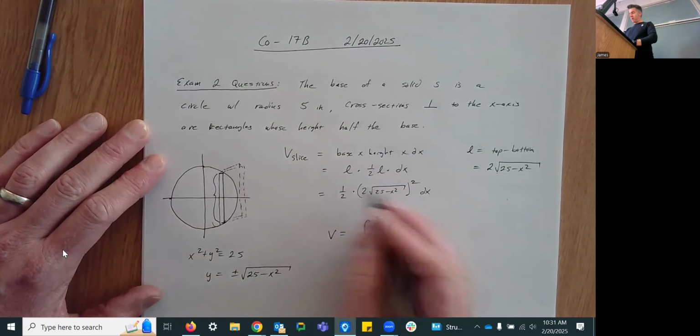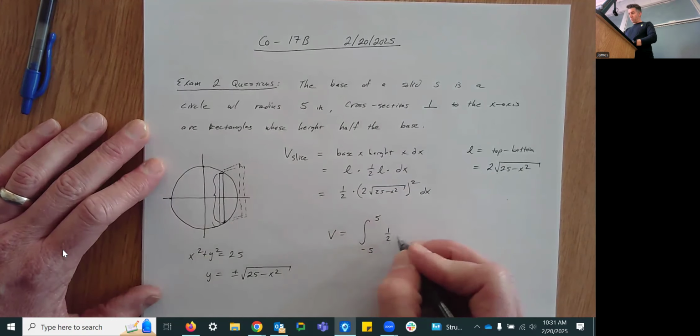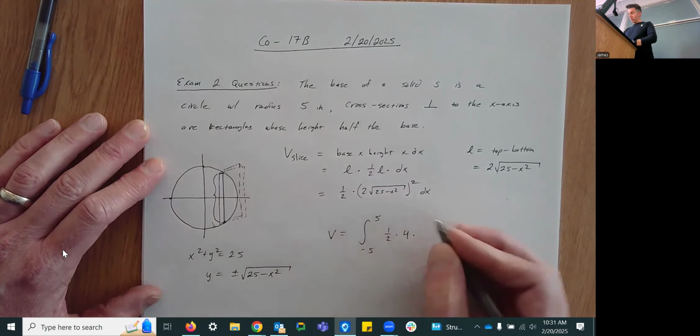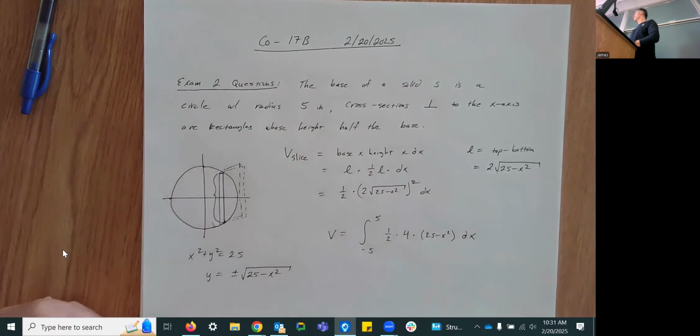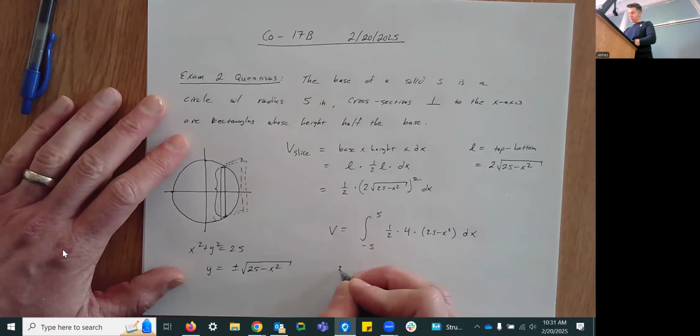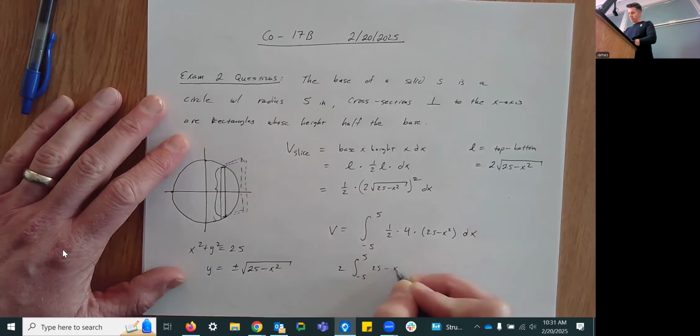I'm going to simplify this a bit. It's going to be 1/2 times 2 squared times the square root squared. That isn't too terrible. This simplifies as 2 times the integral from -5 to 5, 25 minus x squared.